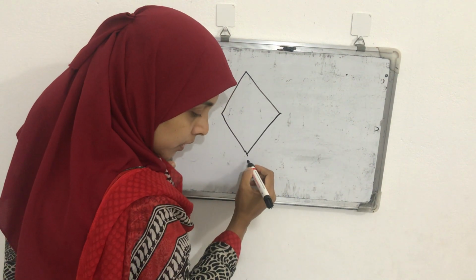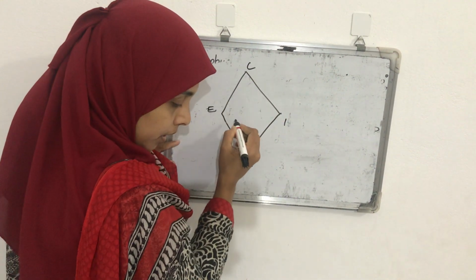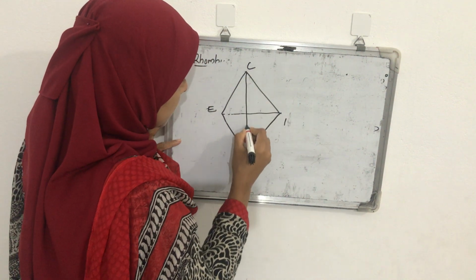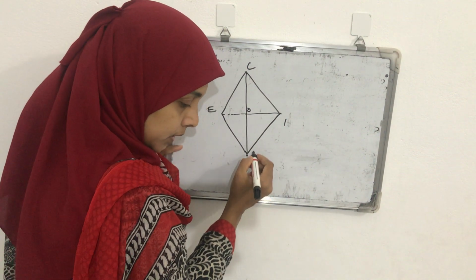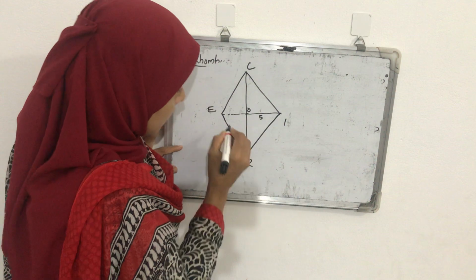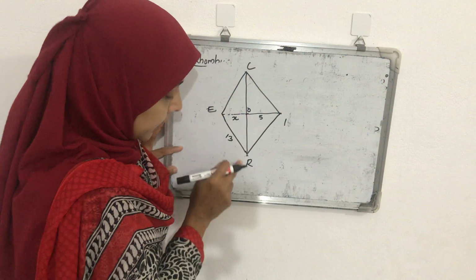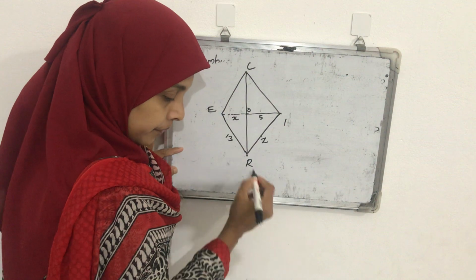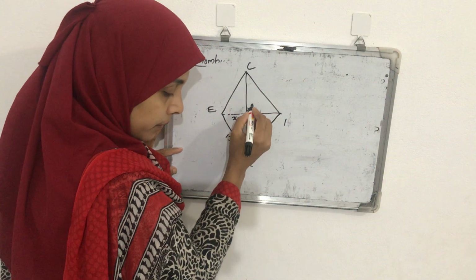Its name is RICE. The diagonals are marked like this, meeting at the point O, and this length, from O to I, is given as 5. Here it is X, and this length is given 13. That is, the side length ER is given 13, and here it is Z, and this side is named Y, and this length is given 12.